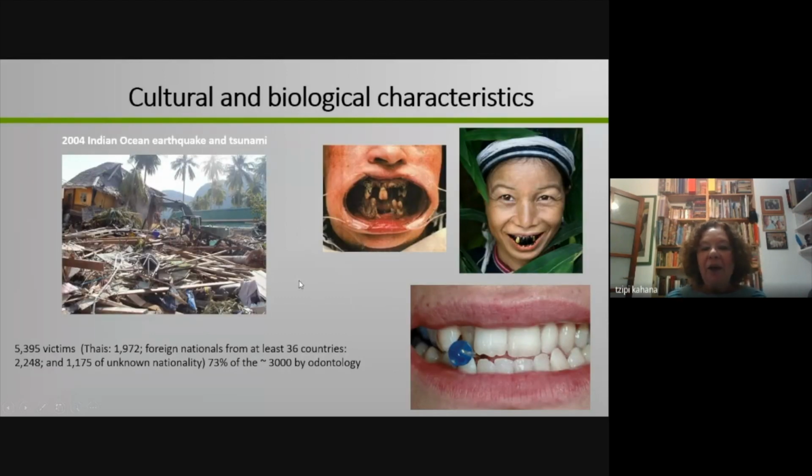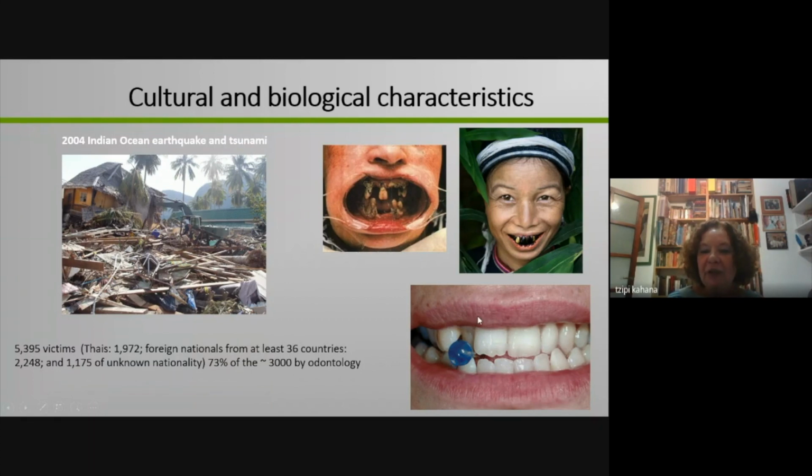We have a lot of data to collect from teeth, not only the restorations. The dentition can give us information regarding the cultural and the biological aspects of this individual. For instance, in a mouth where we have a lot of caries, a lot of missing teeth, we can say a little bit about the socio-economical status of this individual.